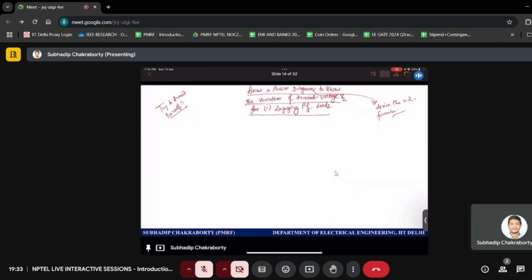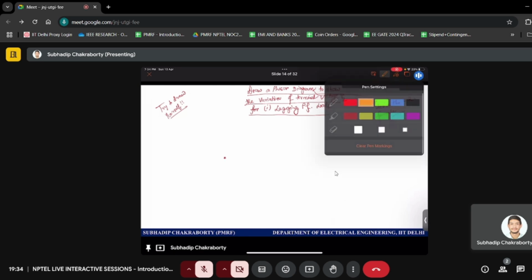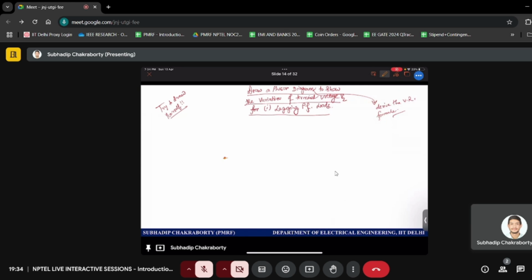So I hope you have tried and found something. So let us see how it will happen. So I change the color, I think. So let us, for example, this is V2, right? And I told you it is operating at lagging power factor. So let us take this as I2 and this is theta 2, the operating power factor.